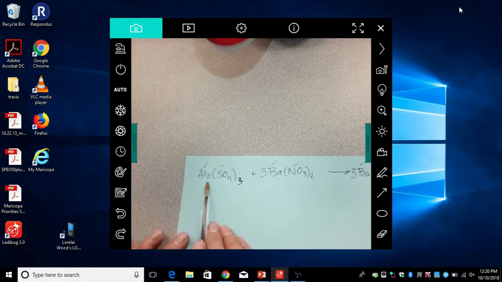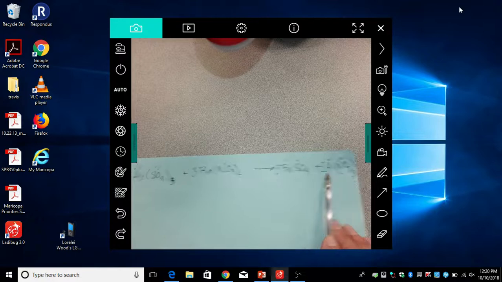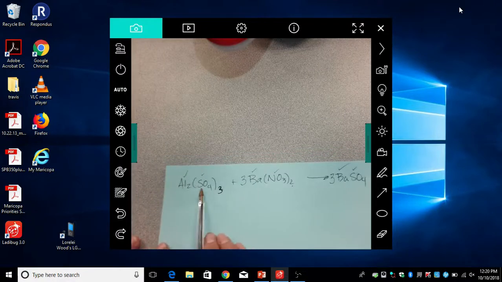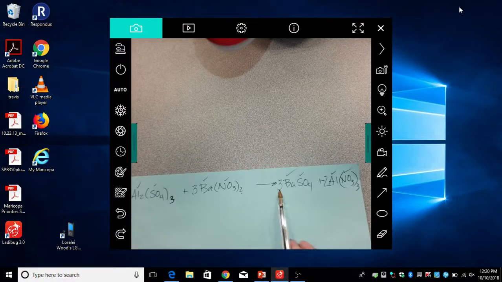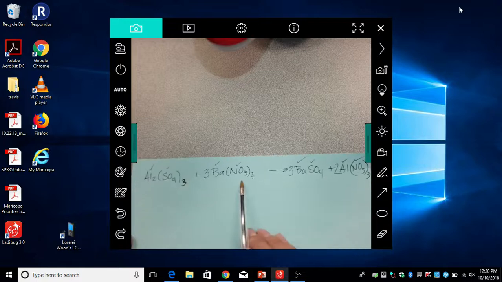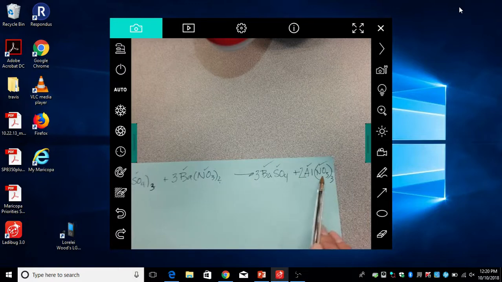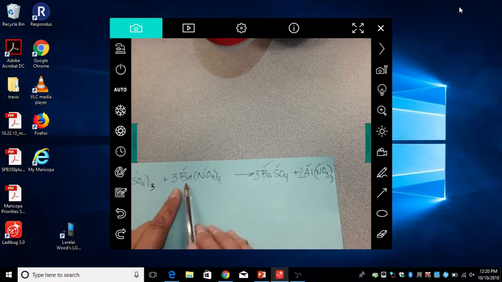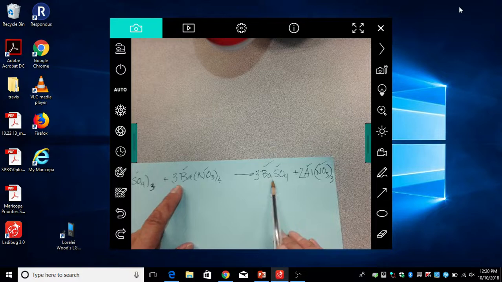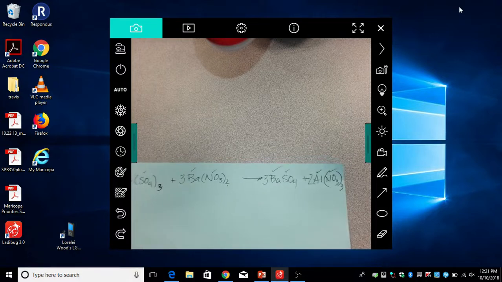2 aluminums, 2 aluminums, 3 sulfates, 3 sulfates. 2 times 3 is 6 nitrates. 3 times 2 is 6 nitrates. 3 bariums, 3 bariums. Now this equation follows the law of conservation of matter, which says matter cannot be created or destroyed.